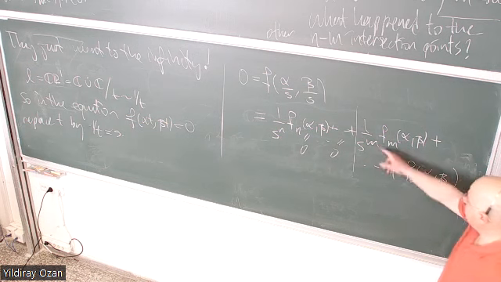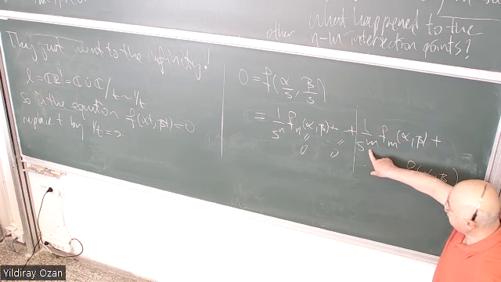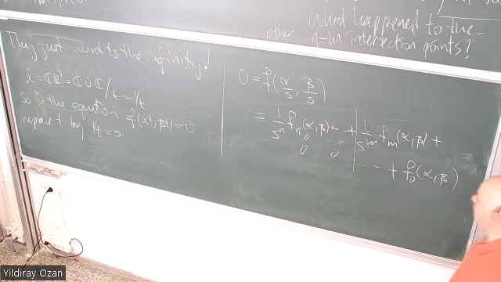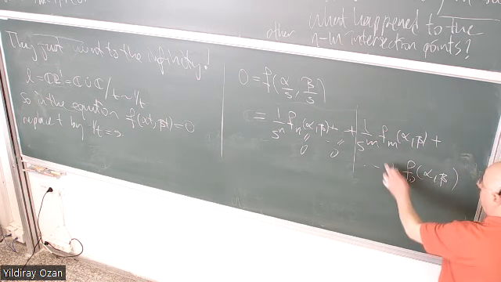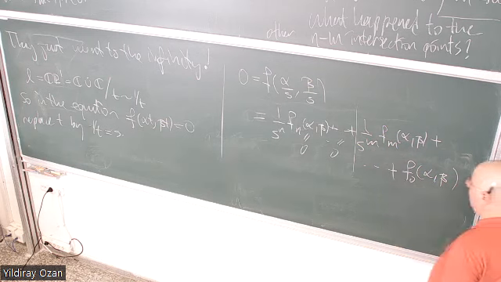So I have this equation. S is just a complex number, a non-zero complex number. Let's just multiply everything by S to the power m.